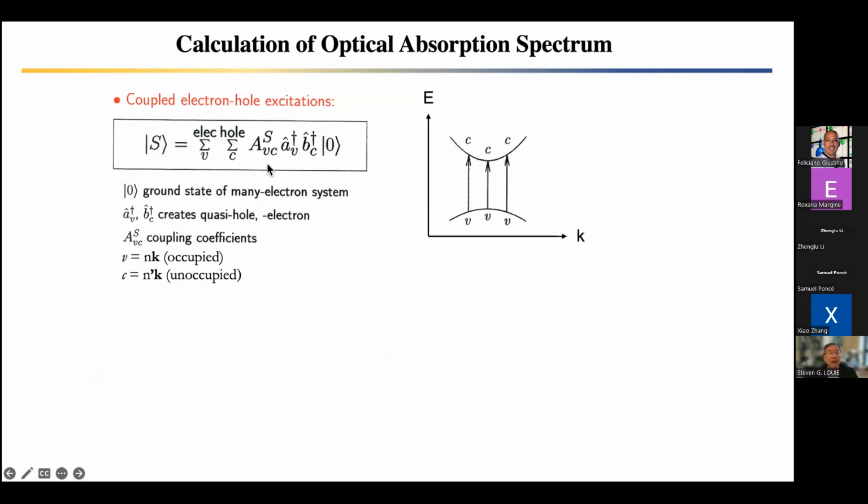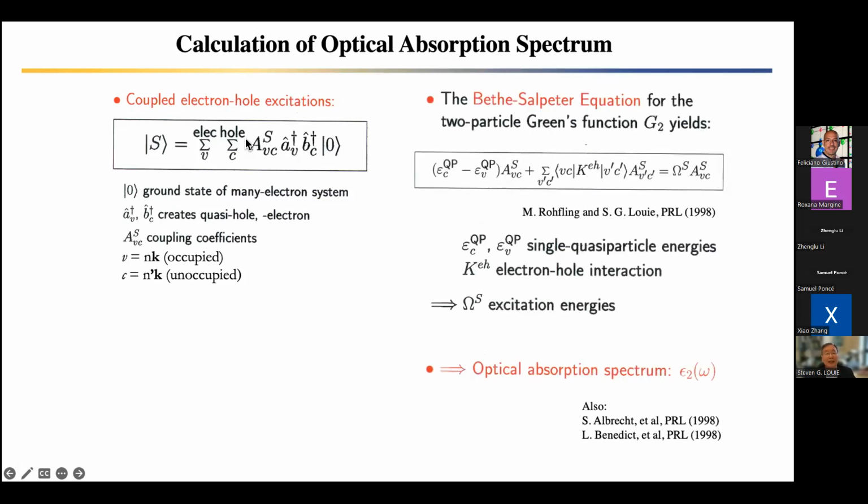And the wave function is of this form, where A tells you the coefficient that couples the different electron-hole pair excitations. One actually can determine this coefficient A and the energy for the excited state by looking at the two-particle Green's function and via the so-called Bethe-Salpeter equation. This equation is given by the expression right here.